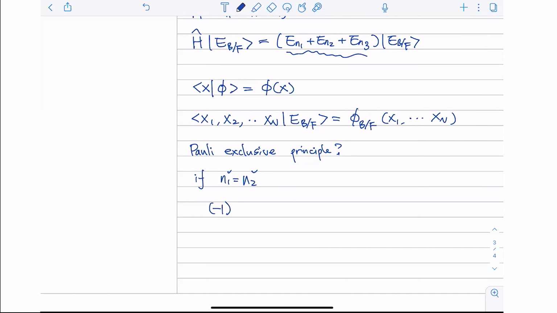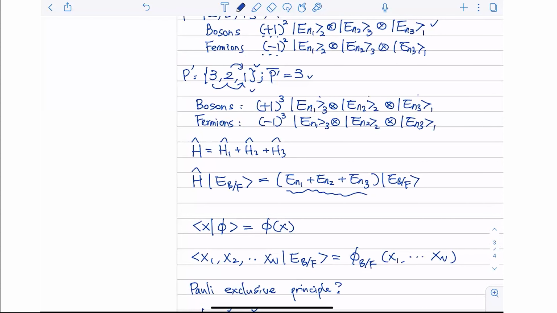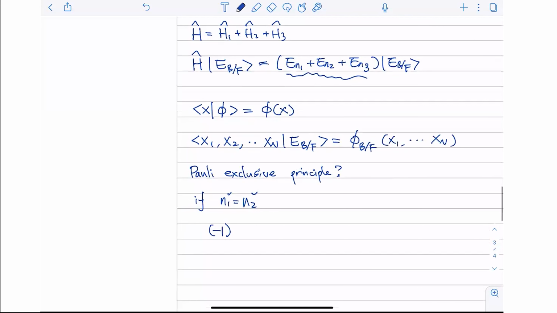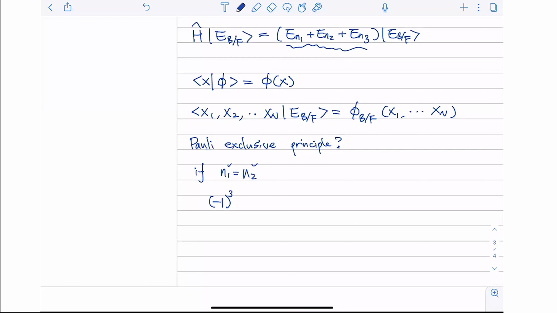For example, for this particular permutation, we just randomly pick one, and the corresponding operation will give you this expression for this particular one. Now n2 is equal to n1, so I'll just write n1.